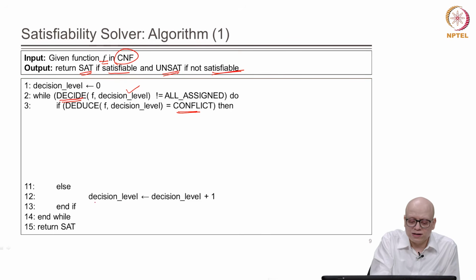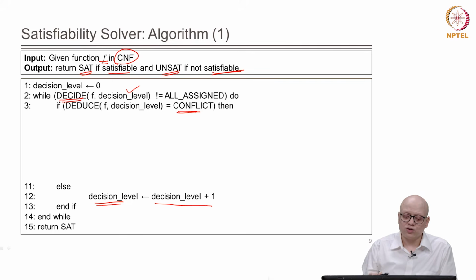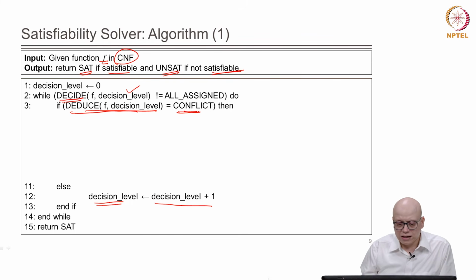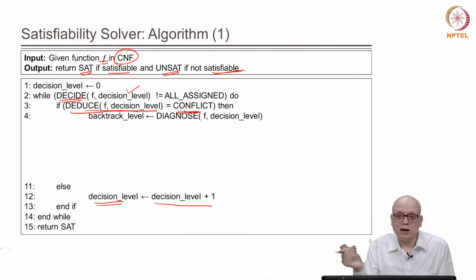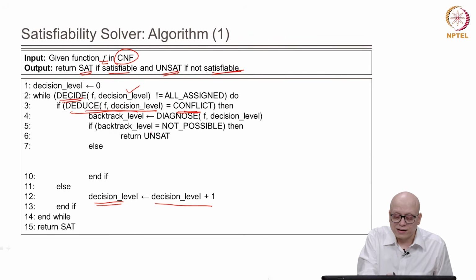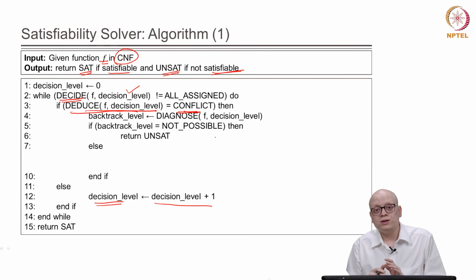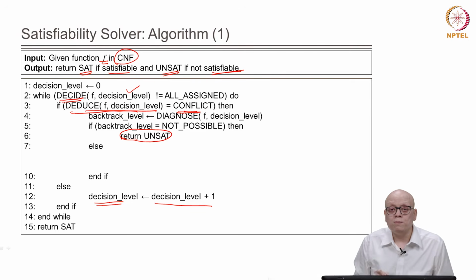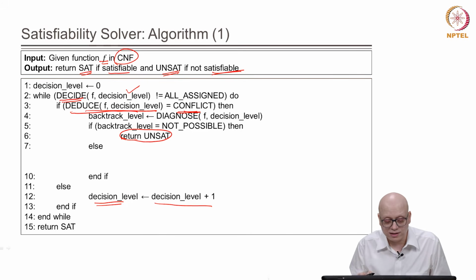If there is no conflict at all, we just increase the decision level by 1. If there was a conflict, if we deduce and find a conflict, then we backtrack one level and diagnose which variable we want to backtrack. If backtracking is not possible, we have exhausted all the possibilities, then we say that the function f is UNSAT.